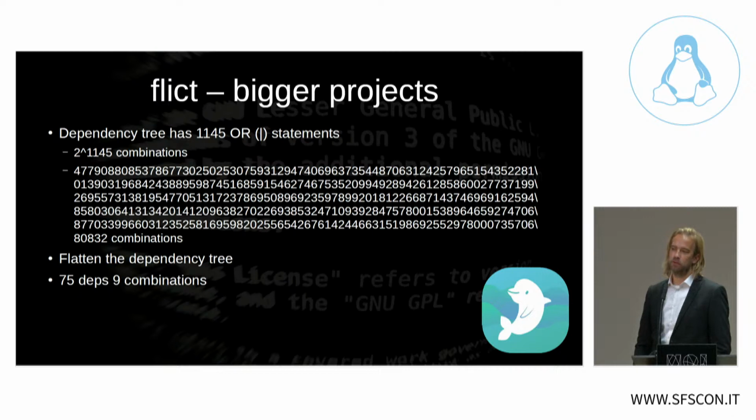So I wondered, like a year ago, why my calculations never ended. And this is the reason. It scales up pretty quickly. You know, the power of 2 up to something. So we're flattening the dependency tree. So instead of all these combinations, we end up with 9 combinations, which is a bit faster to calculate.